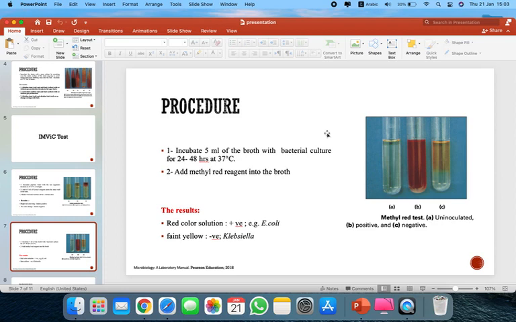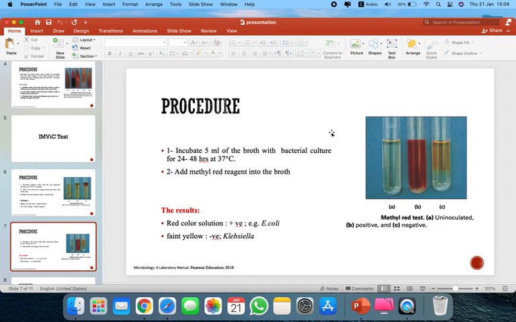The methyl red test checks for the acidic products resulting from the ability of microorganisms to produce and maintain stable acid end products from glucose fermentation. These acidic products will drop the pH of the media to 4.5 or below.